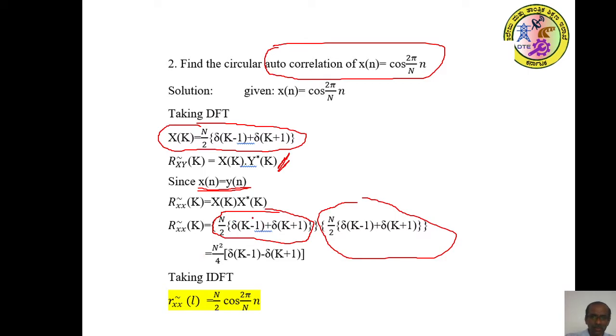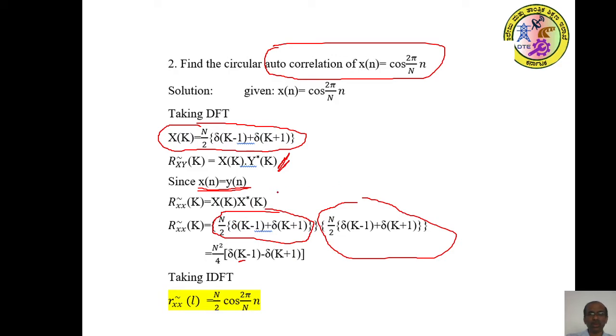Delta k minus 1 into delta k minus 1 will become delta square k minus 1, which is equal to delta k minus 1. Next term, delta k plus 1 into delta k minus 1. This delta function is present at 1, this delta function is present at minus 1, the product of which will be equal to 0, so not written.